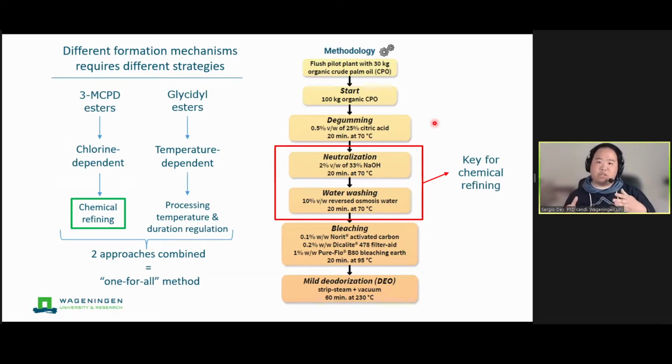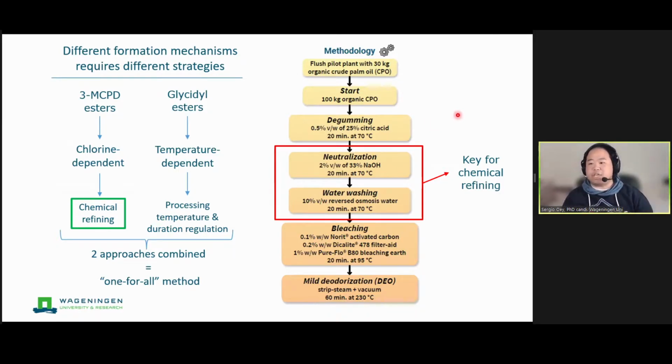Afterwards, we washed it with water to remove the formed soaps, free fatty acids, but also certain salts and minerals, for example, sodium chloride. And with that, you also remove the chloride, one of the building blocks of, for example, the 3-MCPD esters. Afterwards, we bleach the oil with, for example, activated carbon and bleaching earth, followed by a heat treatment, and you have your refined oil.